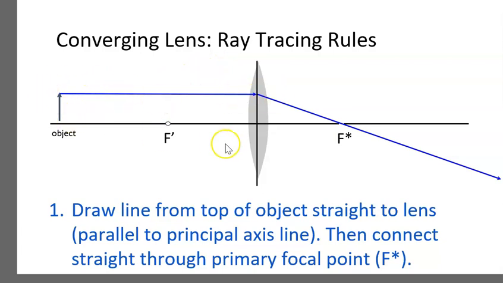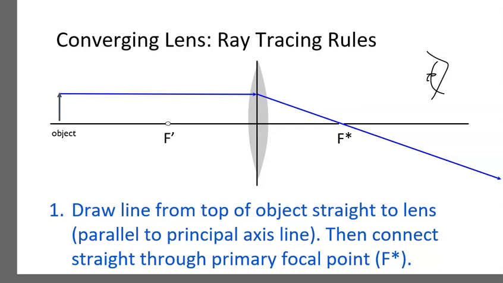So if we have an object that is past the focal point, this is going to be the primary focal point, and this is the secondary focal point. For a converging lens, convex lens, this is the focal point that it will go through. It's going to focus on the opposite side. All right, so this is the viewer, the eyeball.